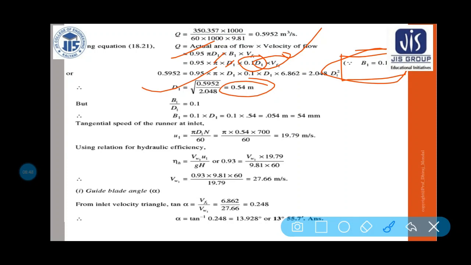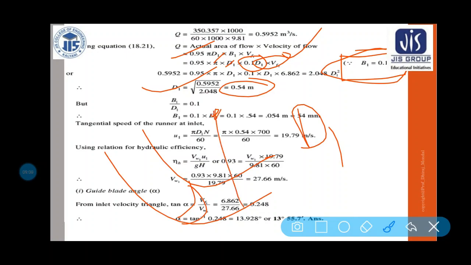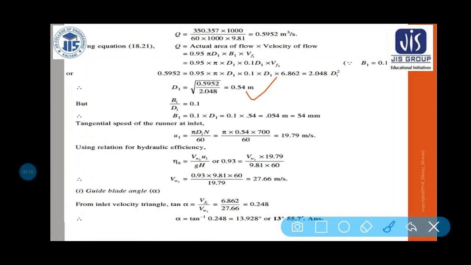So 0.54 meter is the inlet diameter, that means your d1. Clear? So remember, this is your vane, this is the wheel, this is your r1. So r1 means it is your d by 2. So the diameter at the inlet is 0.54 meter.